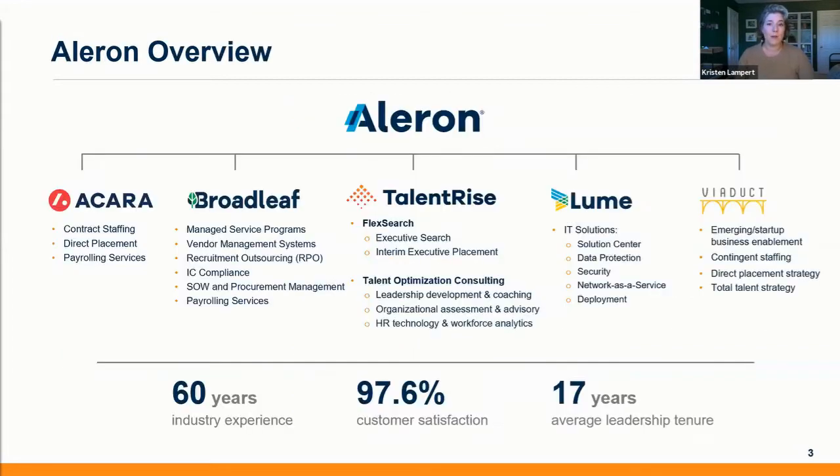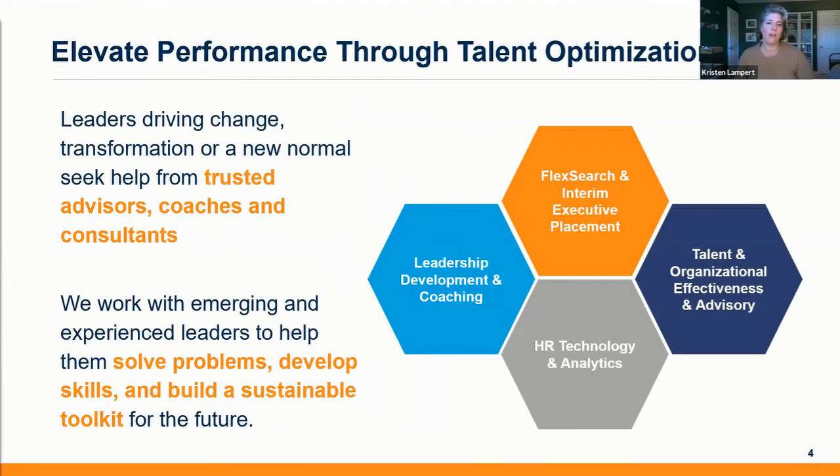I'm here as a representative of Broadleaf, who is one of the members of HRO, but we are the consulting arm of the broader Aleron family of businesses. So Broadleaf is one of our sister companies, and I lead a lot of the talent consulting and coaching here at TalentRise. And our mission's really around elevating performance through talent optimization.